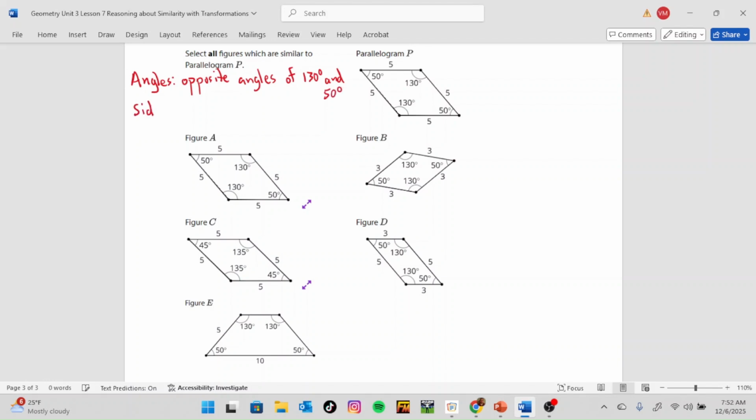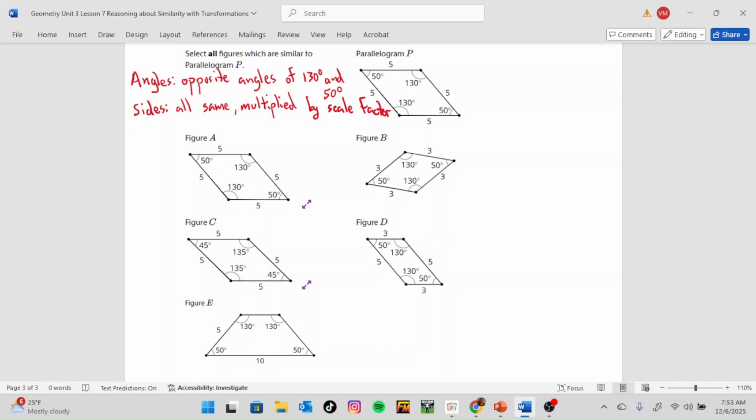Our sides are all the same, and they need to be multiplied by a scale factor. So let's go through and look.